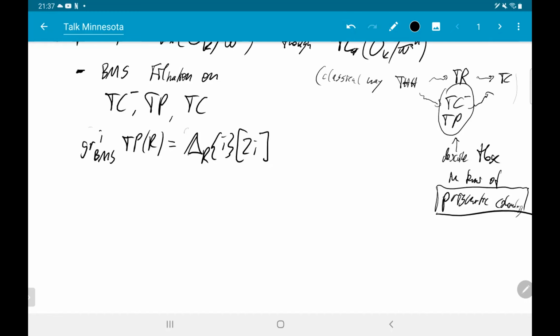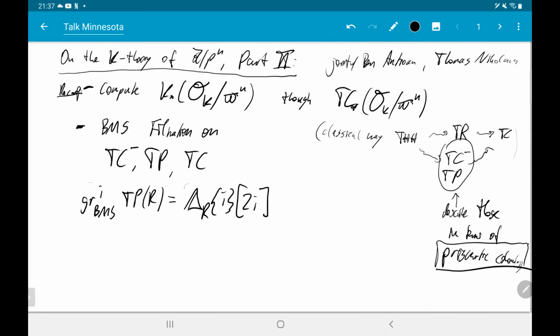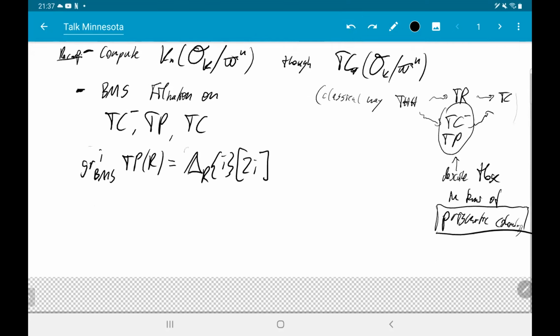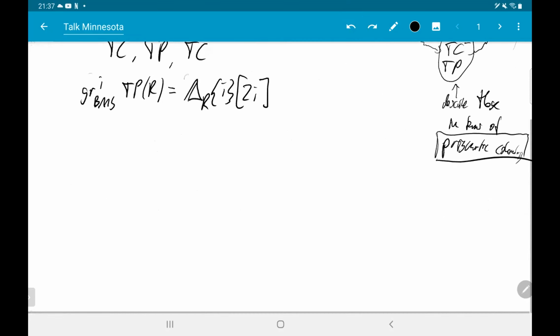But of course, in general, for more nasty rings, it is not going to be true that these are concentrated in single degrees. And in fact, this is one of those rings, right? So stuff like Z mod p^n will not have prismatic cohomology concentrated in a single degree. Right.